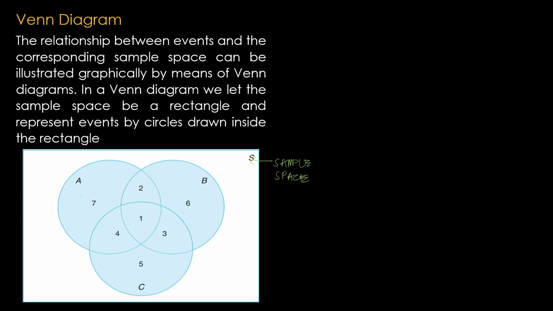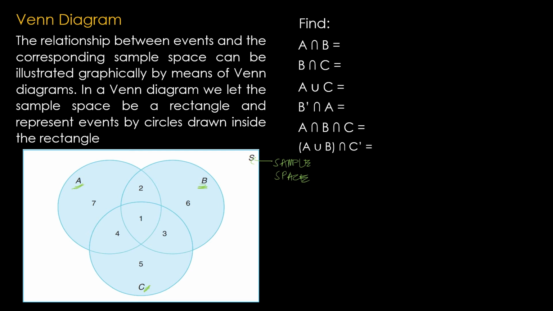And each of these are events: event A, event B, and event C. The question is, we are to find the intersection between A and B, the intersection between B and C, the union between A and C, the complement of B with the intersection of A, the intersection of A and B and C, the union of A and B, and the intersection of C complement. You have 5 minutes to answer the problem. Your timer starts now. Go.